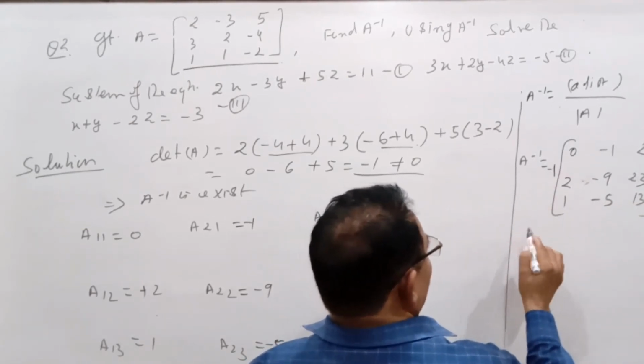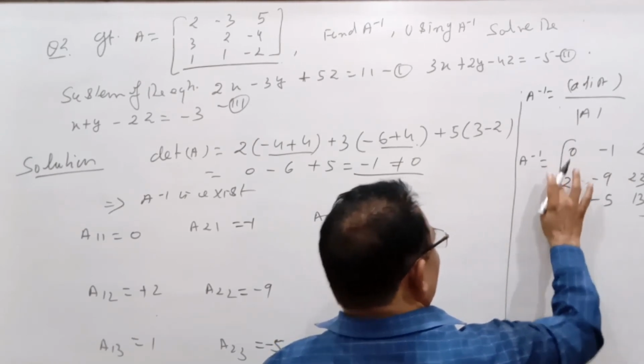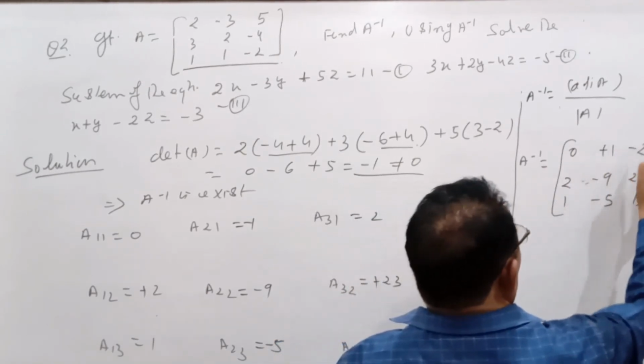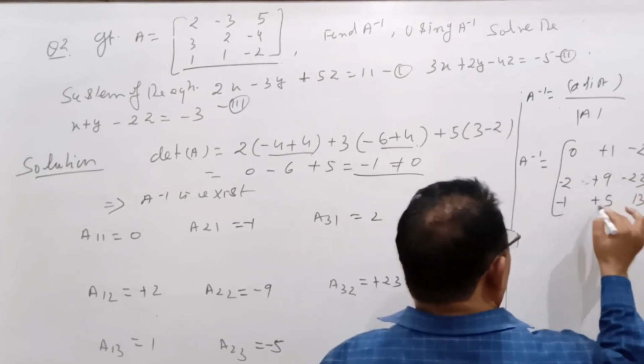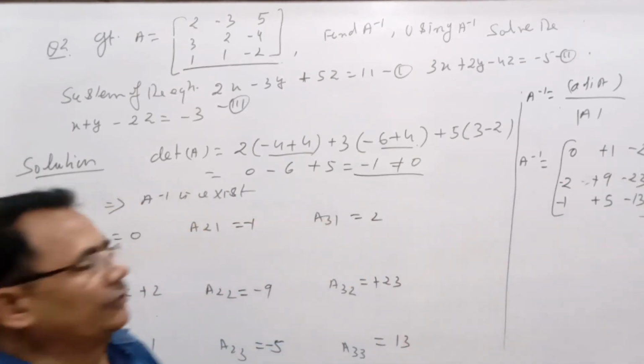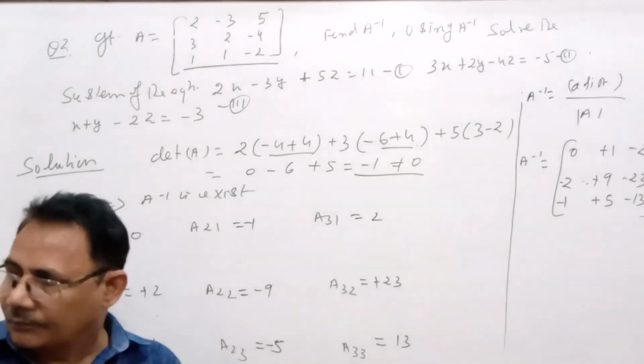If we divide by minus 1, plus minus minus plus, minus minus plus and minus. This is the value of A inverse.